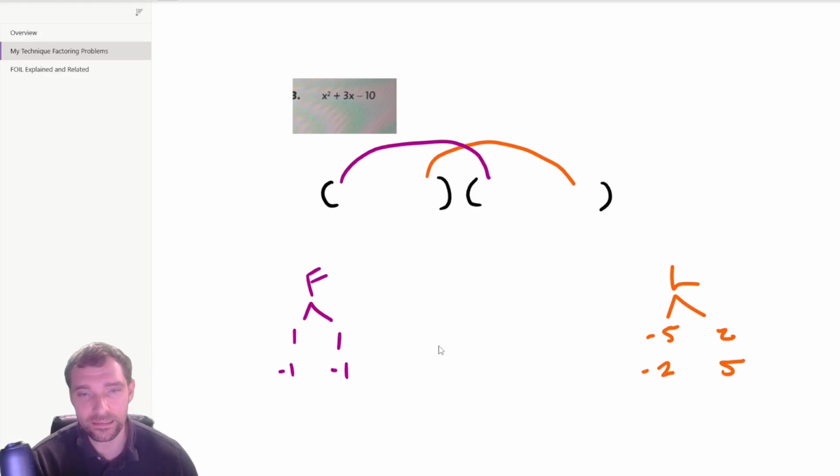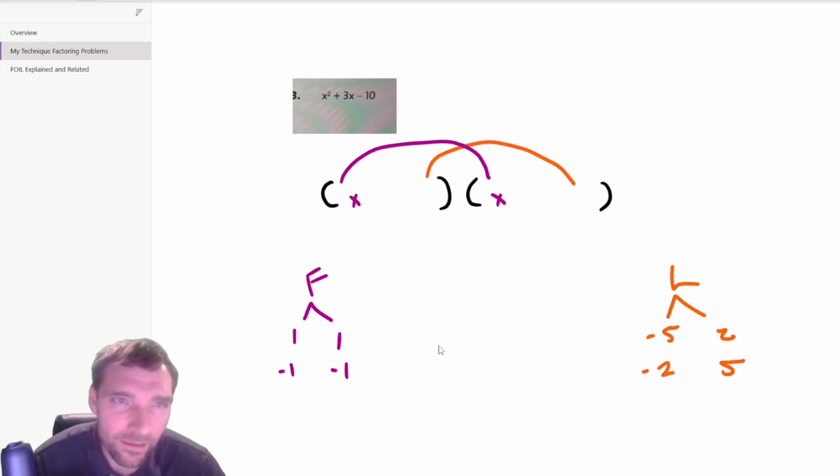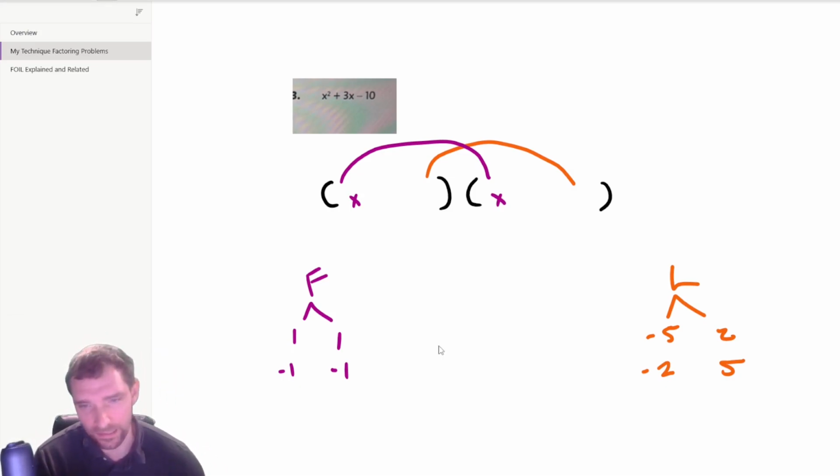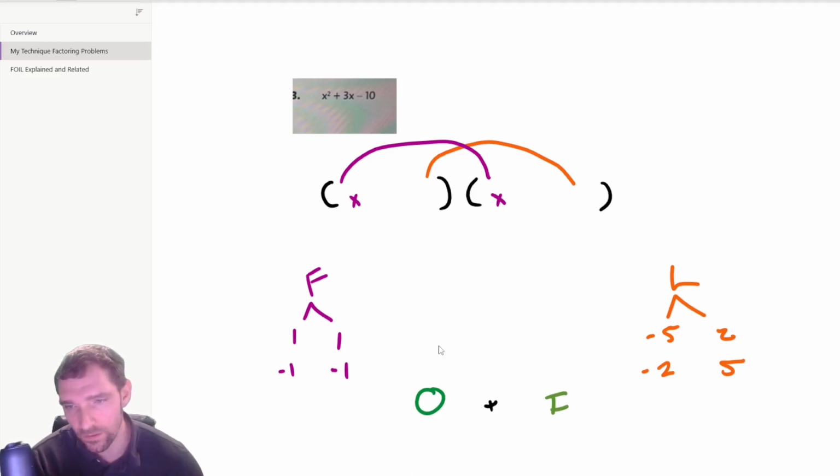So I can see that these first terms, this x squared, is almost certainly going to be x and x. And if we think about the outside and the inside, when we combine those, we're getting a positive 3x.